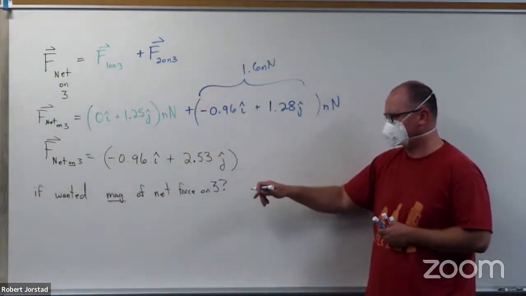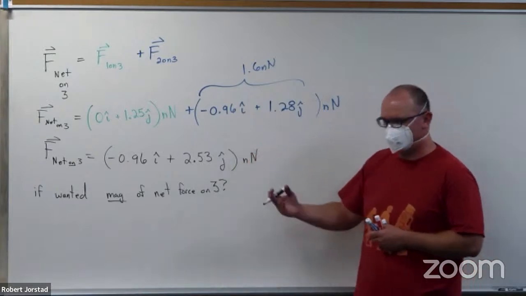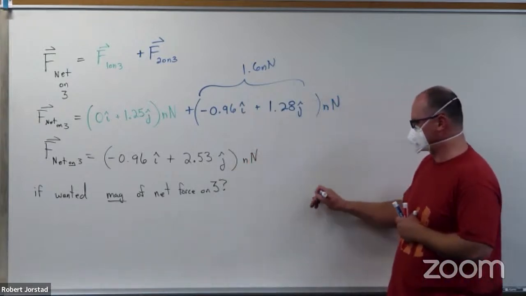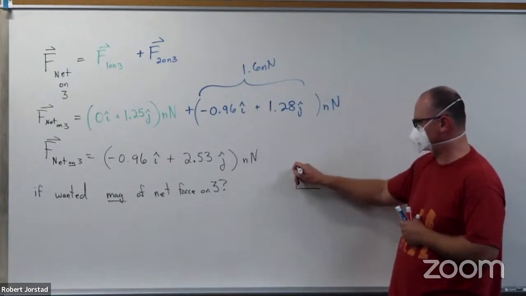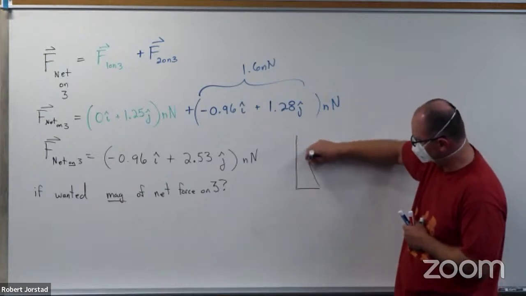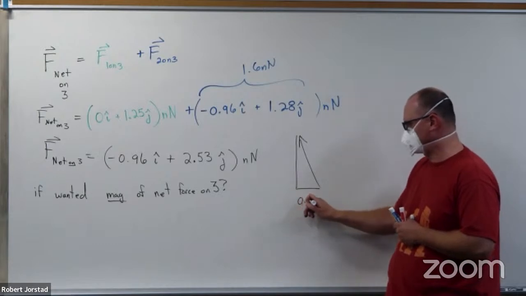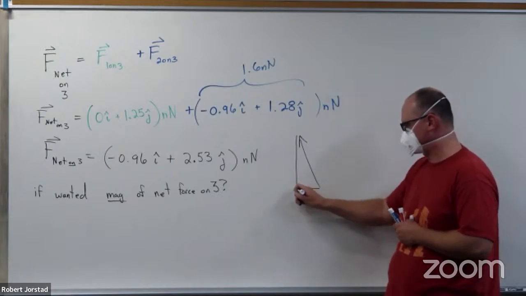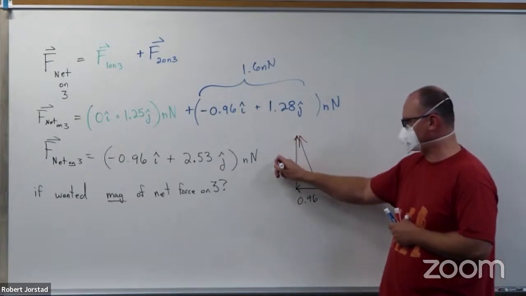What did I forget? Units. If you want to do that, what I would recommend is draw a quick picture. About 1 this way, 2.5 that way. Does that look about right? This side's 0.96 to the left. This one's 2.53 up.